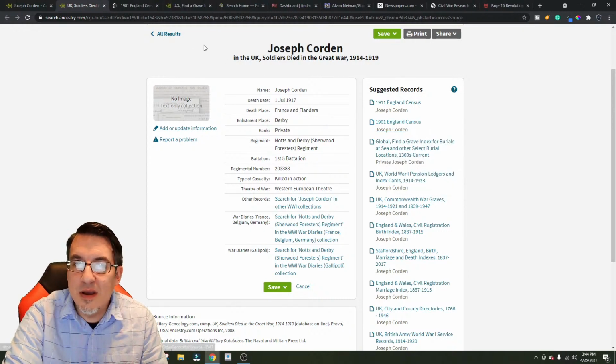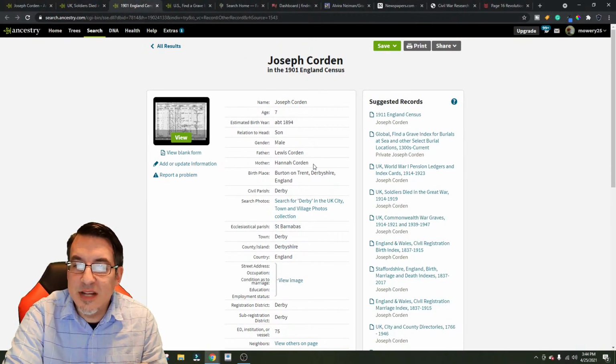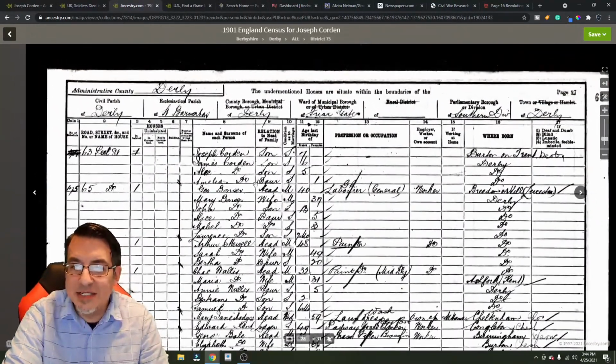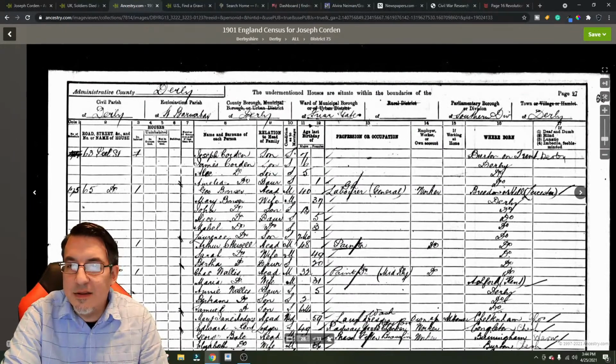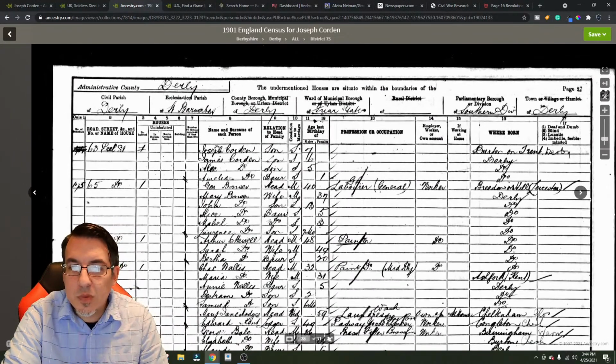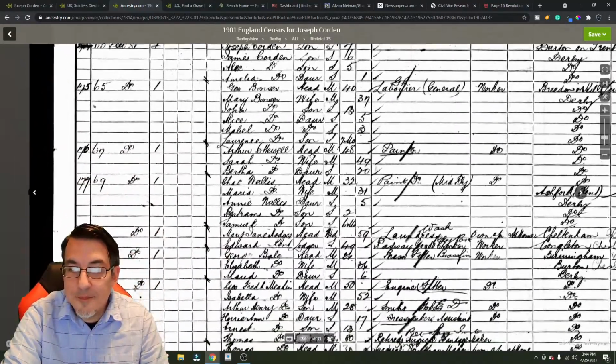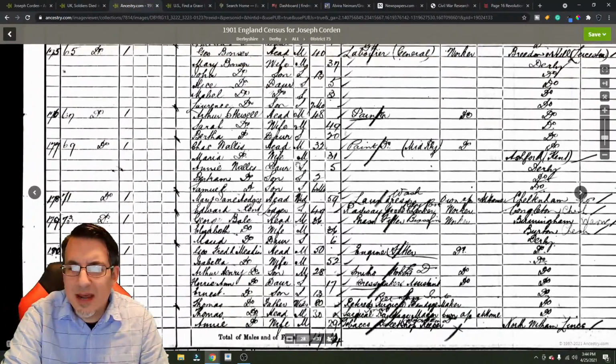So, for example here, 1901 census. Now, we know from that other record his mother's name was Hannah. So this is probably him, right? This is a UK census. This is Derby County, the civil parish of Derby, and the town of Derby. I think I'm pronouncing that right.